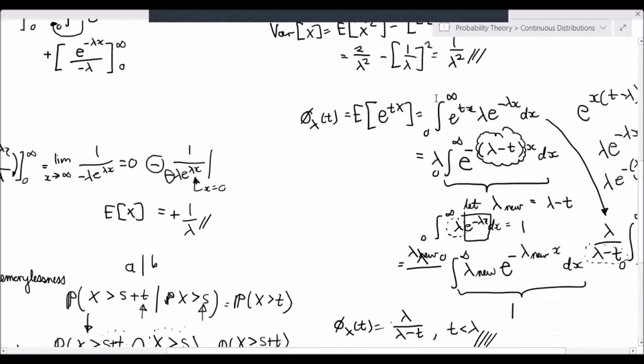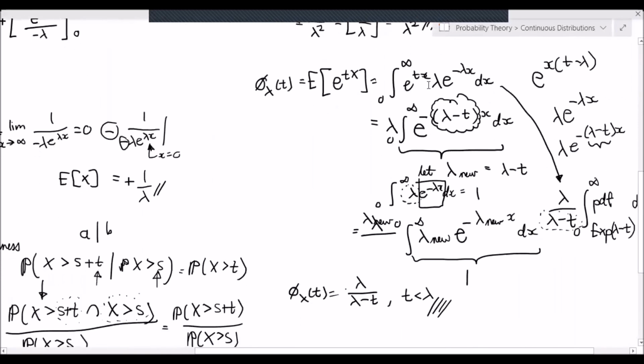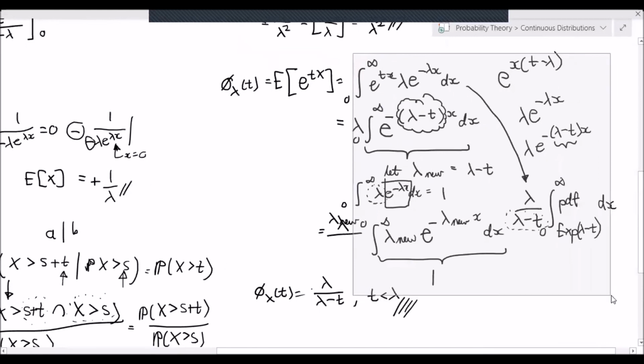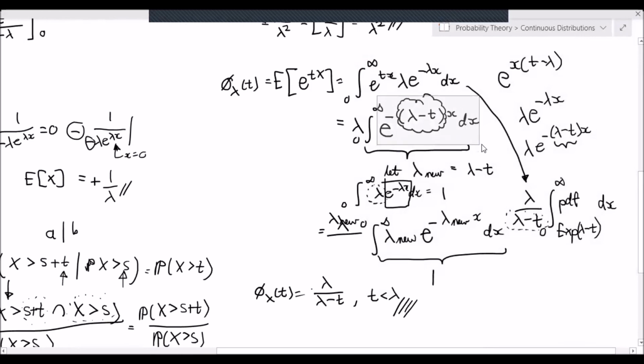And the same story over here for deriving the moment generating function. This approach is going to be seen all over the continuous distributions. Use the fact that this can be seen as just another random variable's probability distribution function.